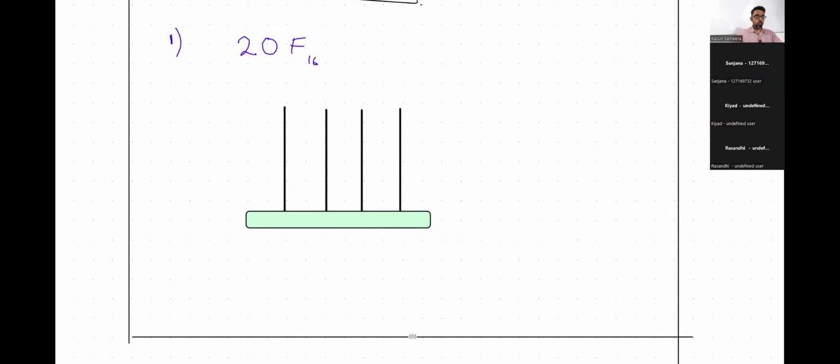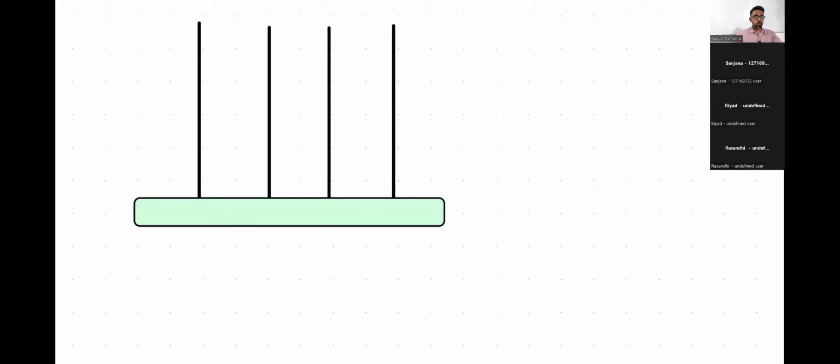What are the place values? It will be 16 to the power 0, 16 to the power 1, 16 to the power 2, 16 to the power 3. Values, just calculate and put it. 1, 16, 16 times 16, just put the value there.